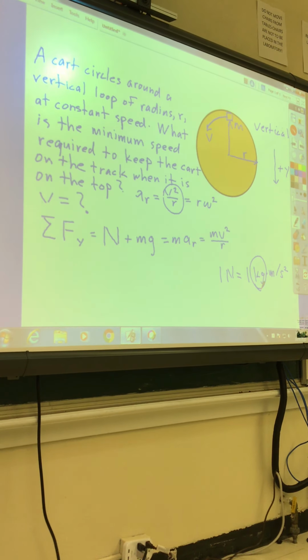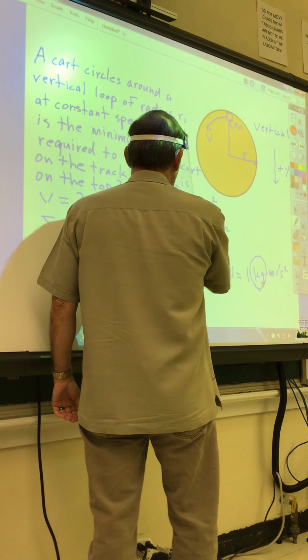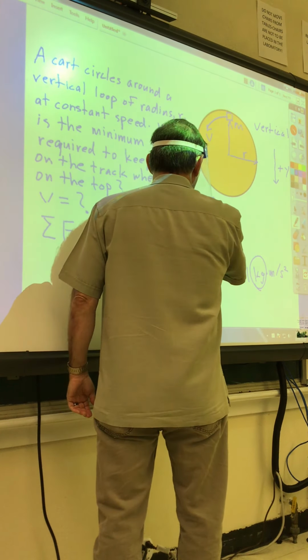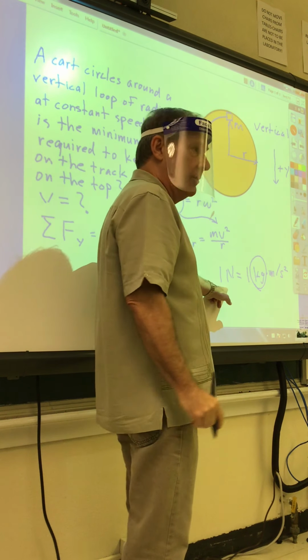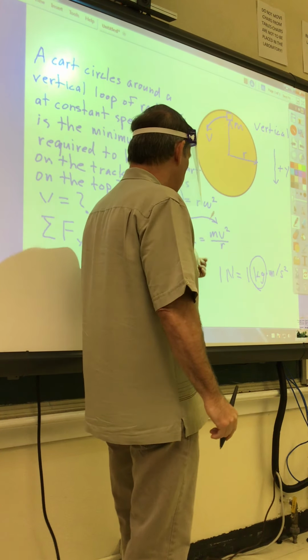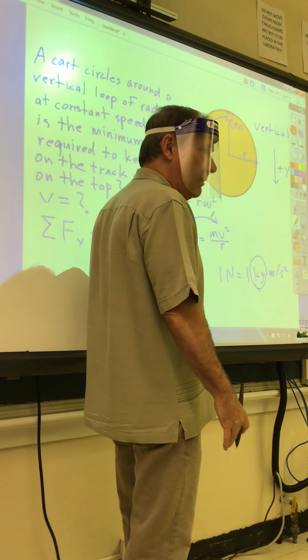It's just an acceleration. How did it go from N plus mg equals mass times acceleration to mv squared over r? Where does that m come from? Because it's a force, and force is mass times acceleration. So this is the radial force. That's basically the definition of force: mass times acceleration.